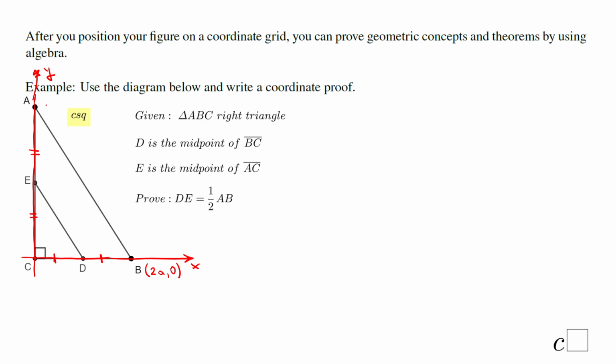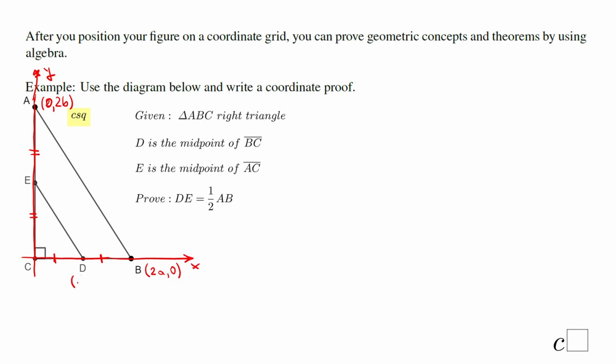Very similar, point A is going to be 0 in fact, because it's on the y-axis, right? And 2B. So you notice I don't call them just A and B, I make it 2A and 2B. Why? Because that will allow us to position this point D.